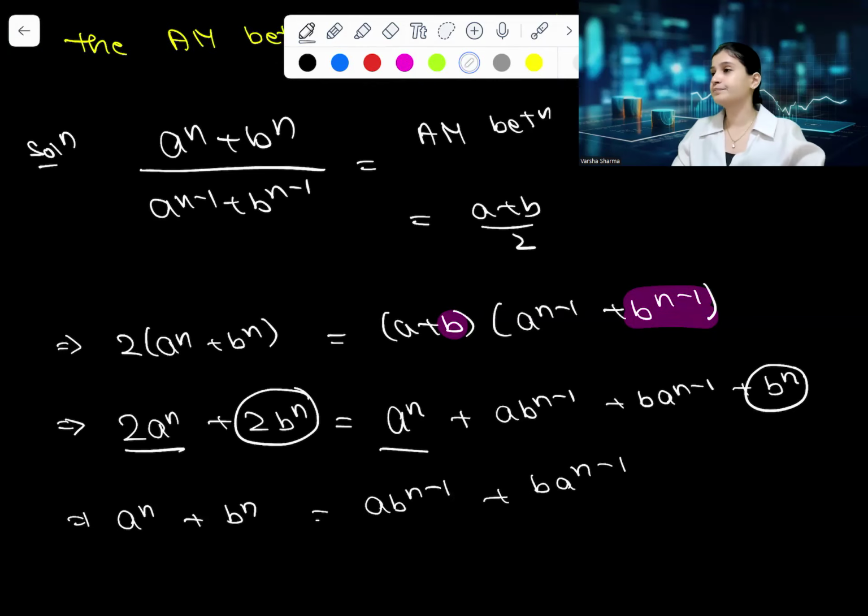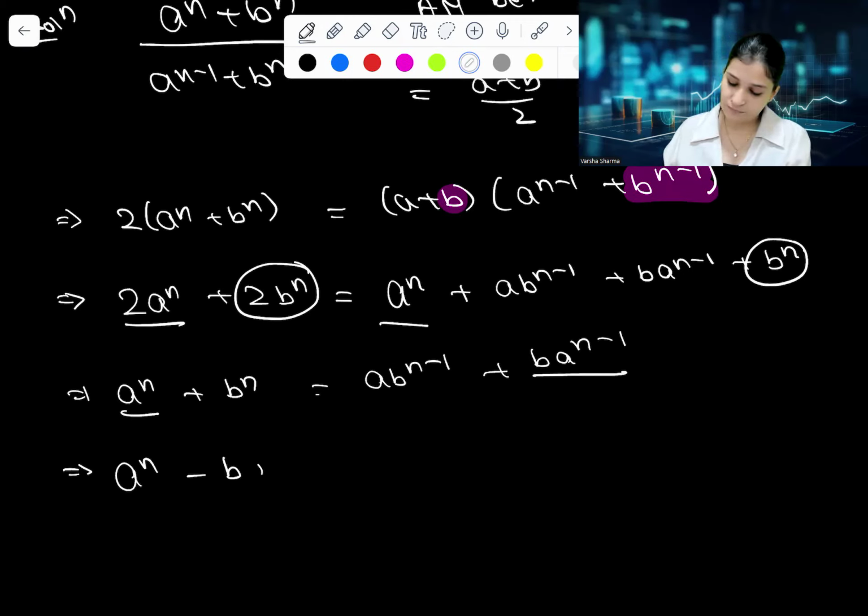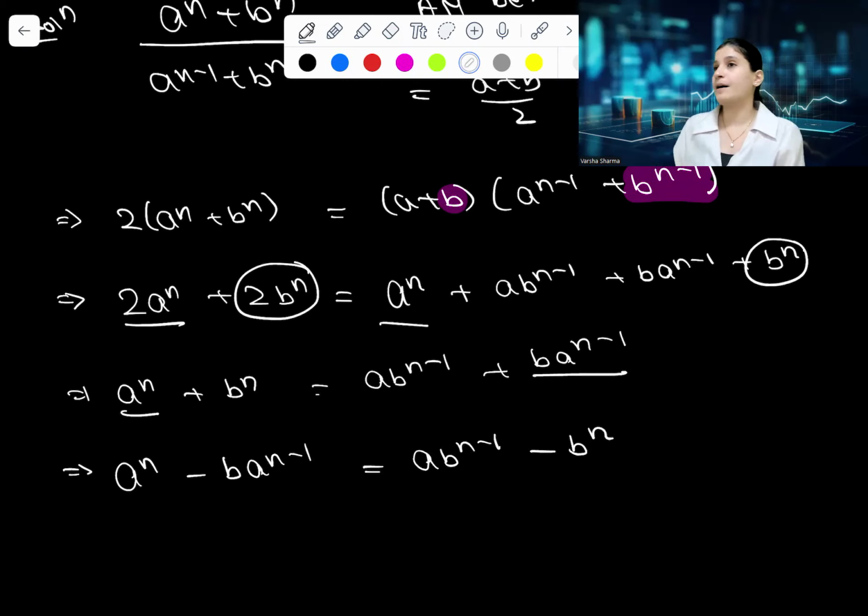Done? Now, I'll bring them on the same side, the terms which have similar powers. In the first one, a^n, and in my right hand side, this term also has a^n. Yeah, a into b^(n-1) minus b^n.